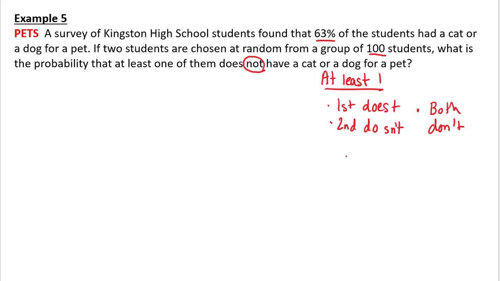Okay, that's a lot of probability to find. That's why it's easier if I find the probability of both having the pet. So 1 minus the probability of both having a pet is going to be a lot easier to find. So let's talk about the probability of both having a pet.